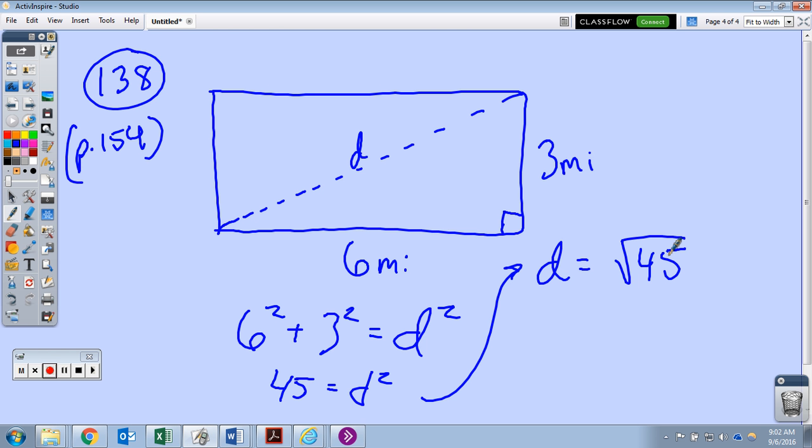Do we know, without these figures here, what type of right triangle this is? Even if we only had one? You would know specifically what kind of right triangle it is?